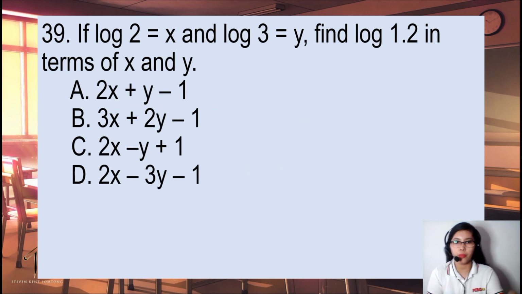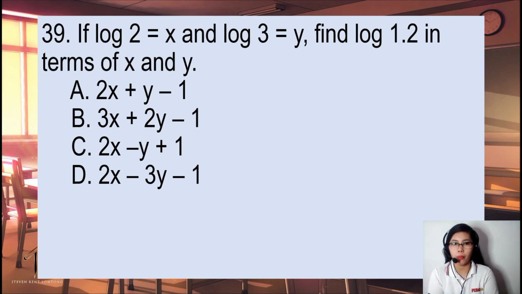Next, if log of 2 is equal to x and log of 3 is equal to y, find log of 1.2 in terms of x and y. In this problem, you can use reverse engineering. Substitute x for log of 2 and y for log of 3, put them in the equations for A, B, C, D, then check if it is equal to log of 1.2.